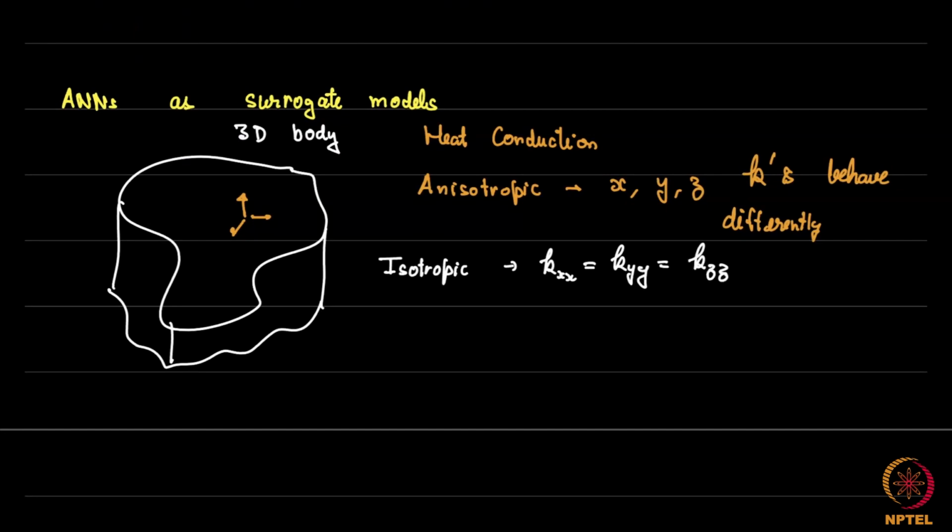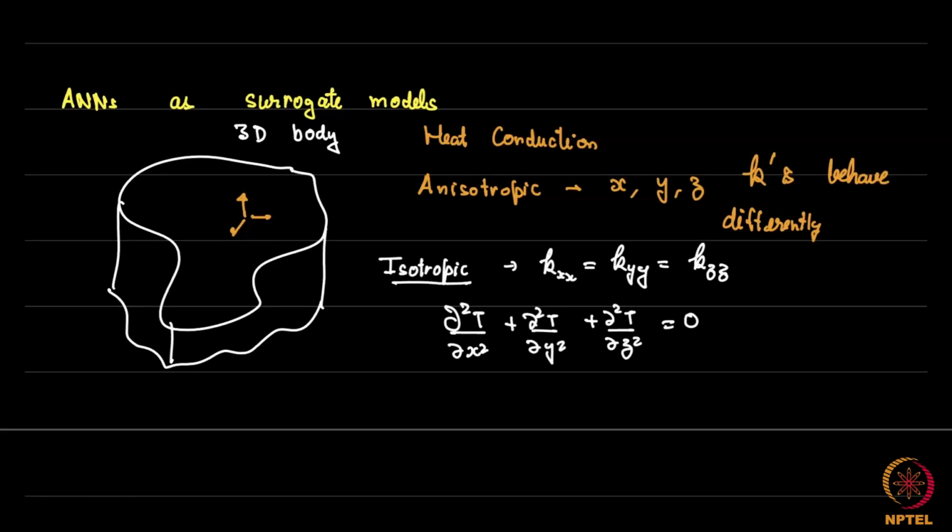And you would have something like del square T del X square plus del square T del Y square plus del square T del Z square equal to 0. Okay, so this is if it is isotropic.